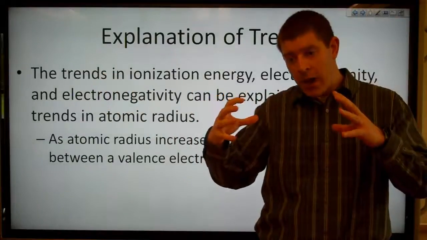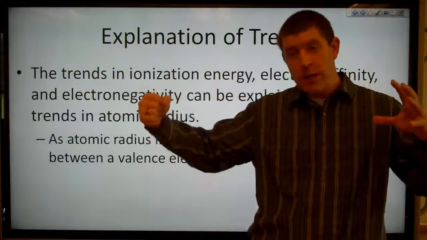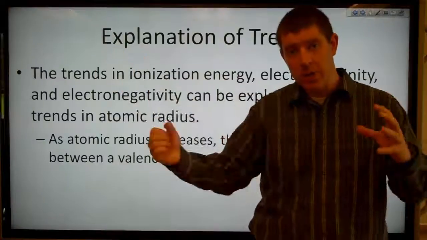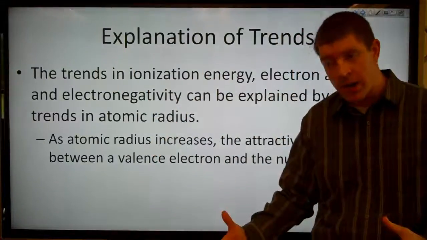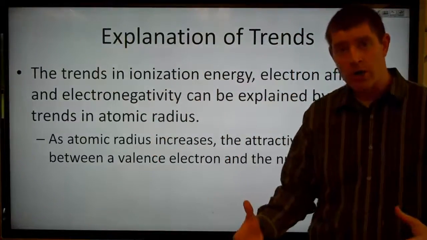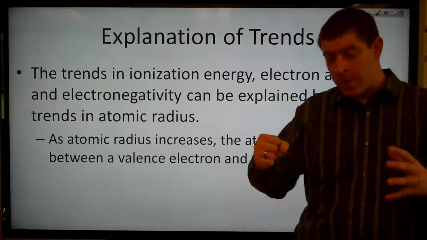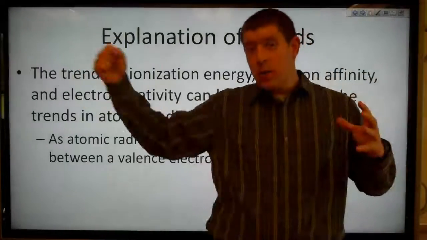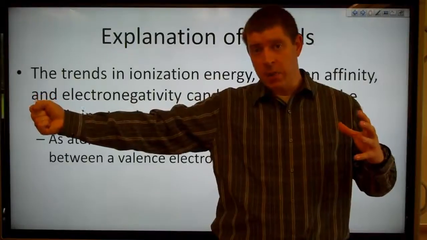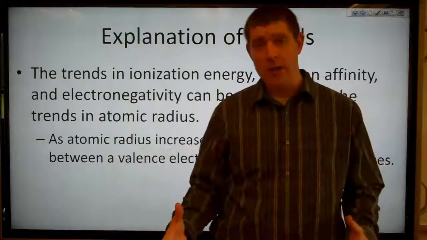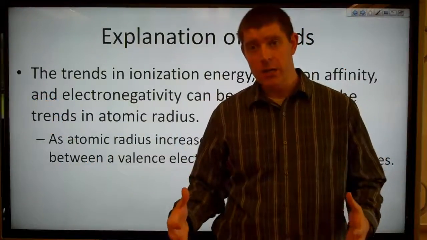So as our atom gets bigger, it's going to be easier to remove that electron because it's farther from the nucleus. So as we move down on the periodic table, we're getting larger atomic radii, and that means that we should have a lower ionization energy, which is what we see. As we move down on the periodic table, ionization energy decreases.